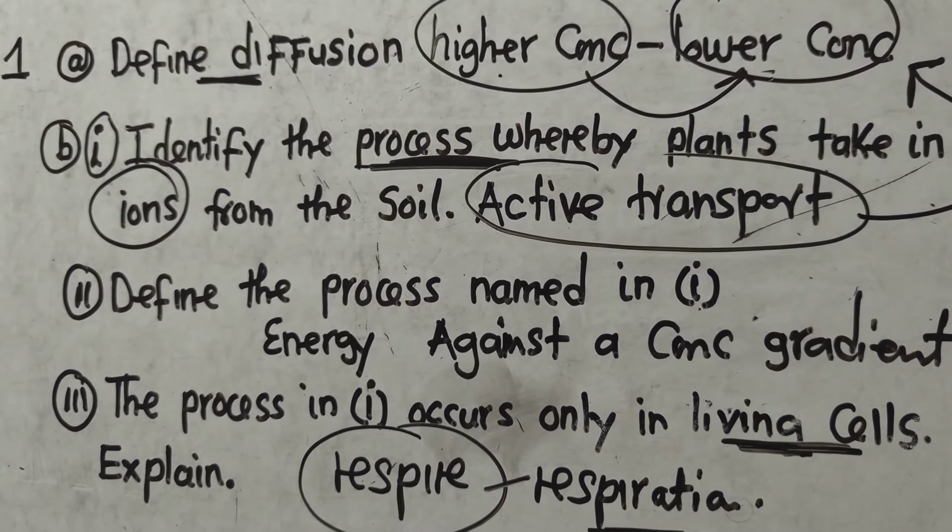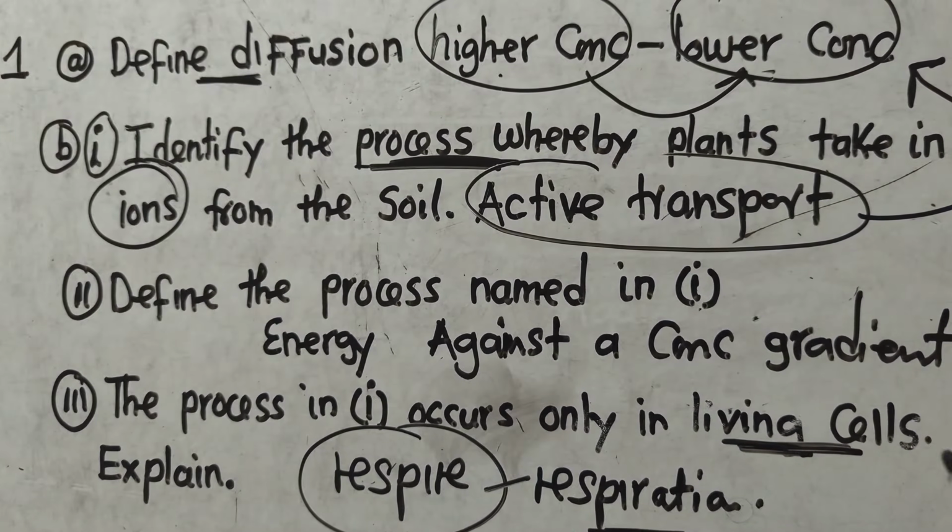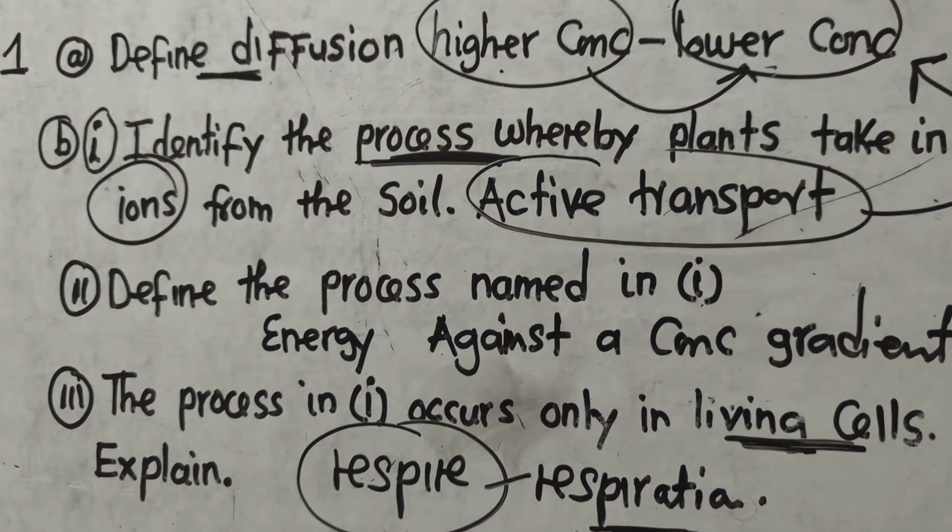You now discover that during respiration, energy is set free and part of this energy is used in active transport. This is the reason why active transport only occurs in living cells.